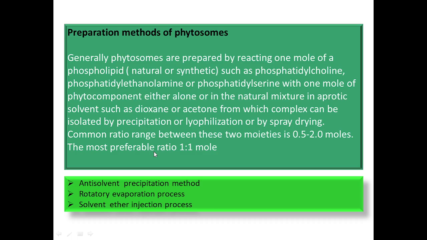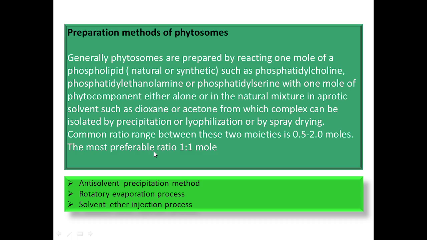Anti-solvent like n-hexane is added to a thin film which is obtained after uninterrupted stirring. Precipitates of phytosome are obtained. They are stored in amber color glass container under controlled temperature and specified humidity condition.